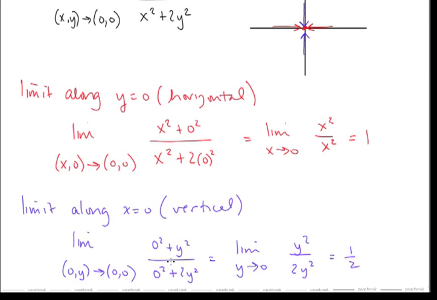So here we're taking the limit of the function values, but going along only this path, where x is equal to 0. So the function values we're looking at have x equals 0 in them, and it's this limit that we're computing, which comes out to be 1/2. And we can see that the limits are different in the horizontal and vertical directions. Therefore, this limit does not exist.